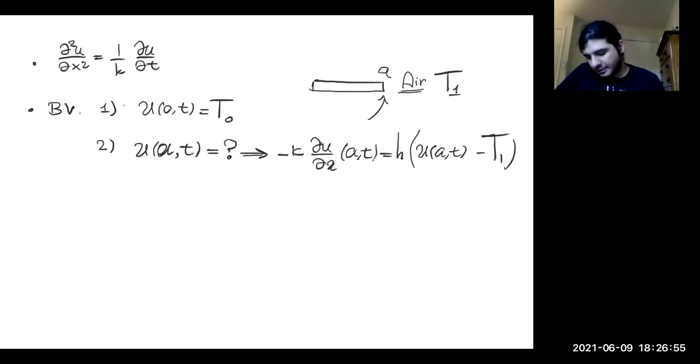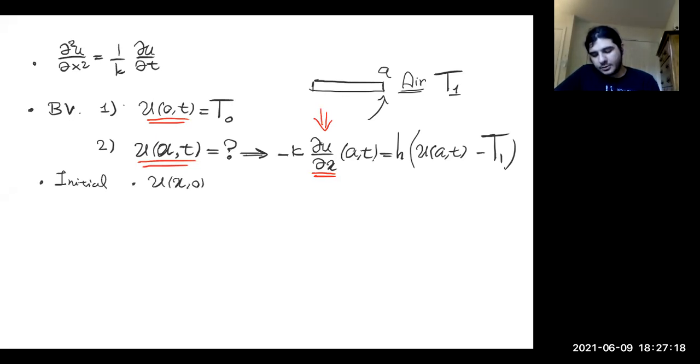It's a condition given, rather than on u at the final point, on the derivative of u at that boundary point. It's our other boundary condition. So also suppose we have the initial condition, initial data, which tells us that u of x at time 0 is equal to some given function f of x.